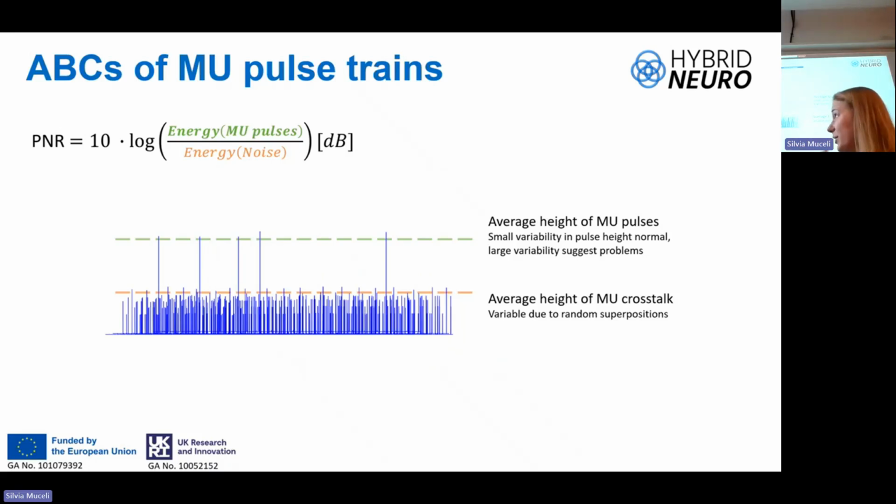But even though we can see that the motor unit was not identified with high accuracy, the pulse to noise ratio will be very high, because those pulses over here are very high in amplitude and their energy will still be much greater than the energy of noise here. I have prepared some examples on simulated signals later in the hands-on training, so you will actually be able to see those examples in real motor units.